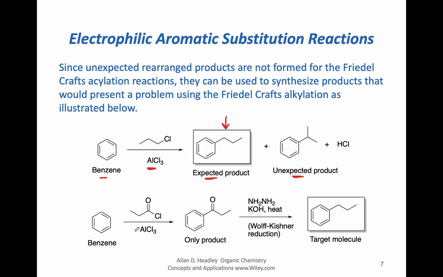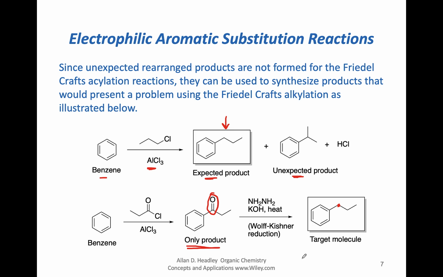If you do a Friedel Crafts acylation, you'll get this as the only product, the ketone. All the difference between this ketone and the product here is the carbonyl. You may recall that a carbonyl can be reduced to a CH2, a methylene unit, using, for example, the Wolff-Kishner reaction, or the Clemmensen reduction, or any other good reduction reaction that we have studied.